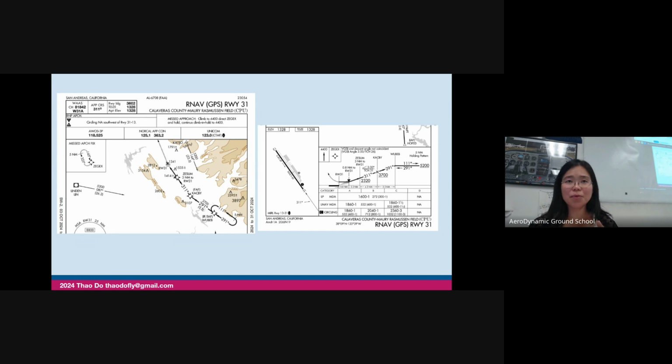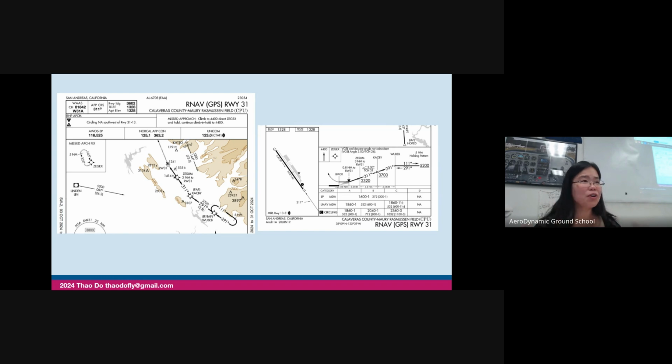So there was an accident where people were flying IFR and they lost positive course guidance. They went off course and then they didn't know what to do. They were freaking out. They were scared. So they turned right into the mountains. And the NTSB report says, if only that pilot had any awareness of terrain in this moment of panic and they turned left away from the mountains, they would have been safe.